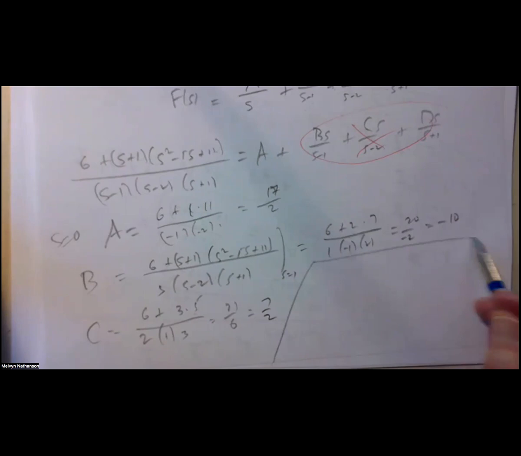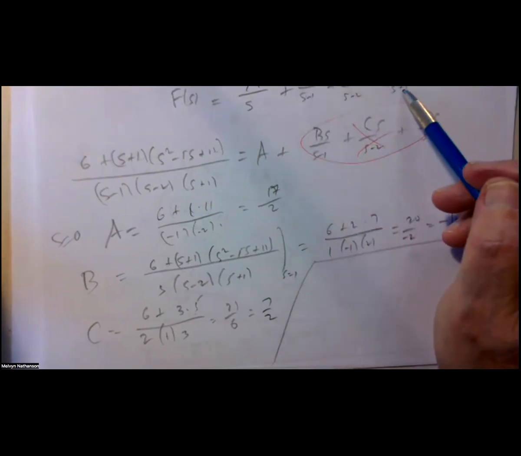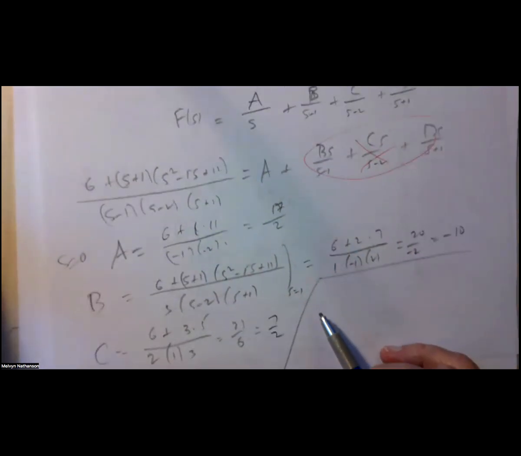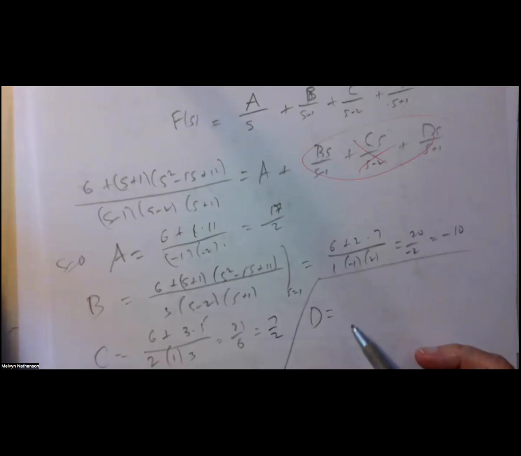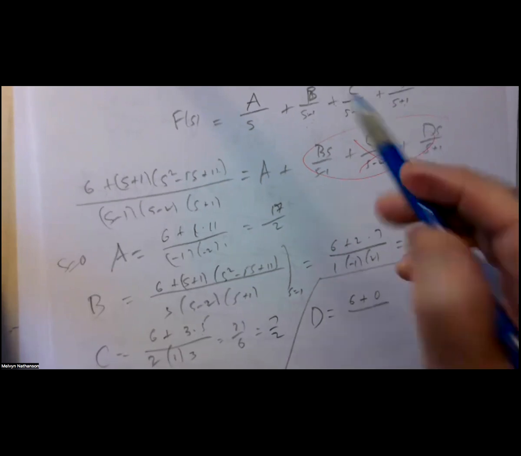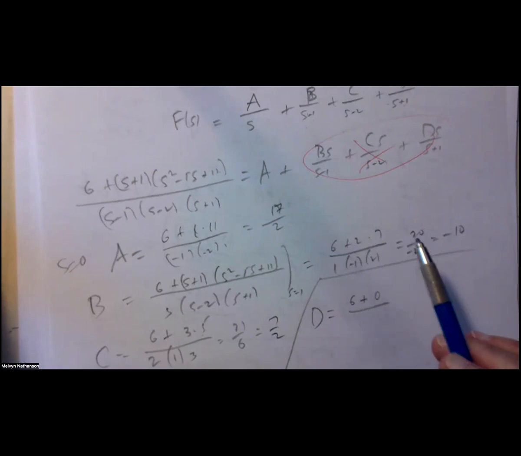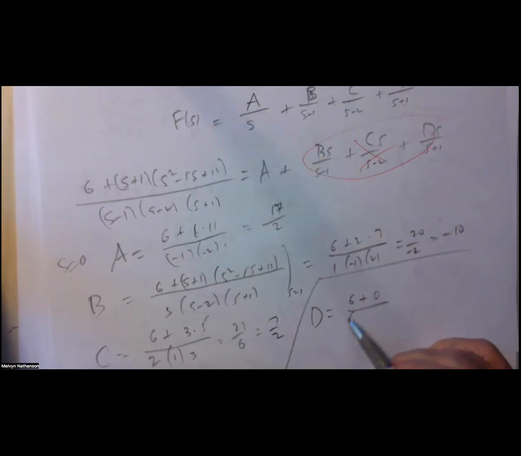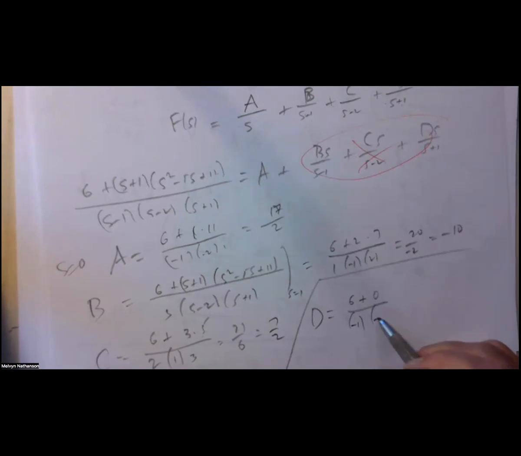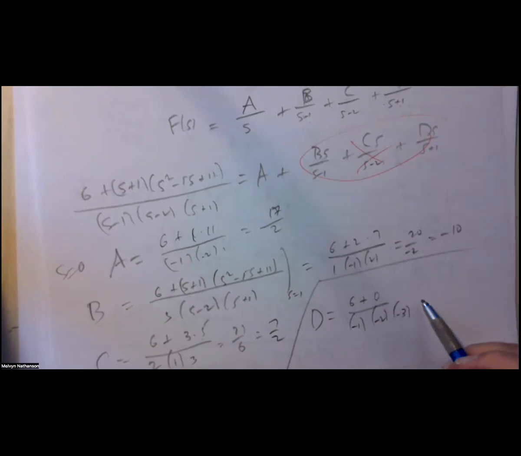And then finally, if I take this equals this and multiply through by s + 1, and then let s equal -1, I get D equals 6 plus 0 over, with s equal to -1, (-1)(-2)(-3).